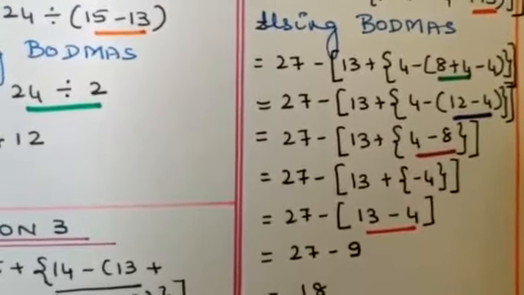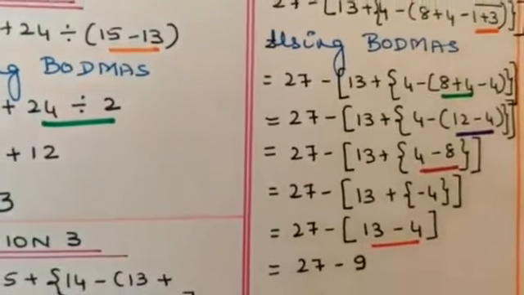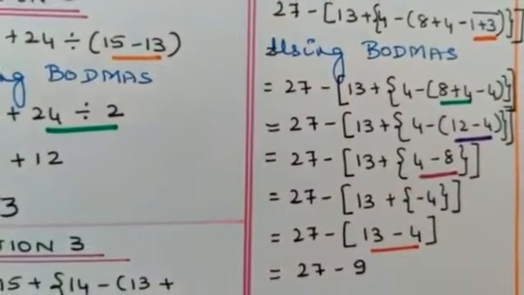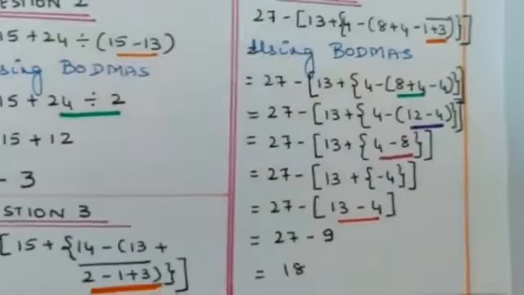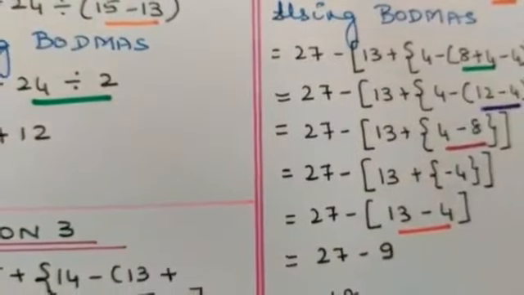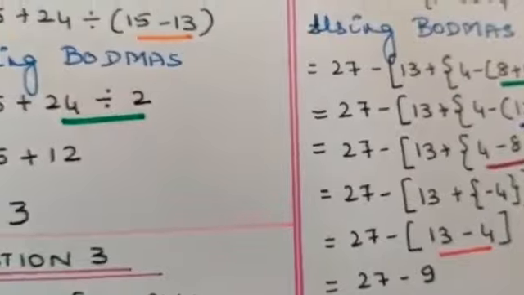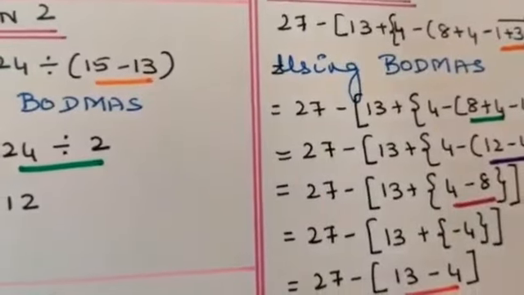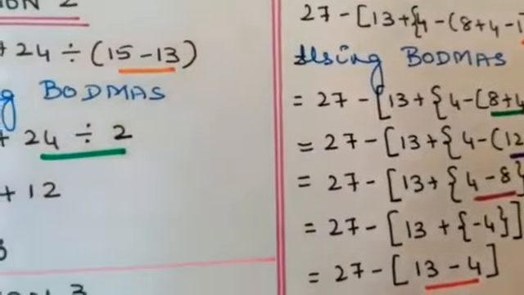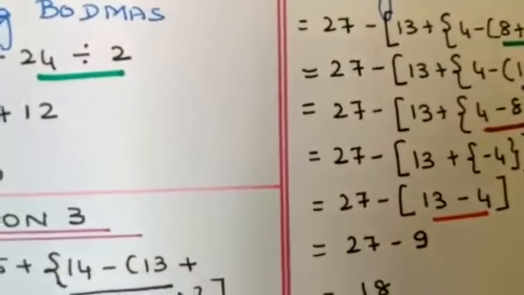So 12 minus 4 is nothing but 8. So 27 minus of 13 plus 4, minus is there, so we retain the minus 8. Now we solve whatever is there in the curly bracket, so that becomes minus 4. 4 minus 8 is minus 4, because 8 is larger and it has a negative sign. So the expression becomes 27 minus 13 plus of minus 4, and the expression becomes 12.